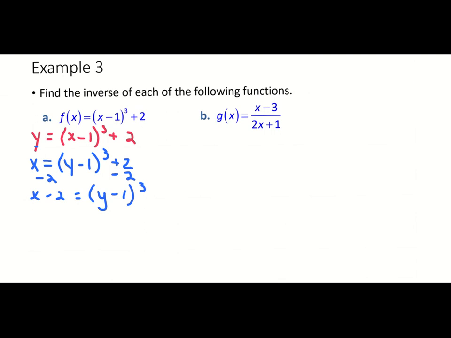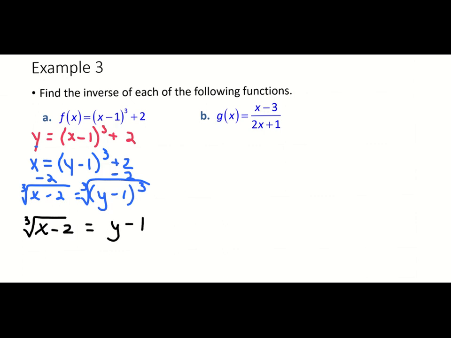And then I really need to get rid of my cubed root. So remember, the way to get rid of a cubed exponent is to take the cubed root of both sides. So we'll do that, and that's going to leave me with the cubed root of x minus 2 is equal to y minus 1.